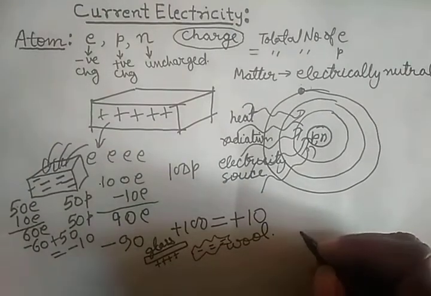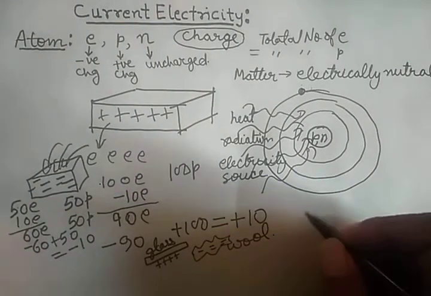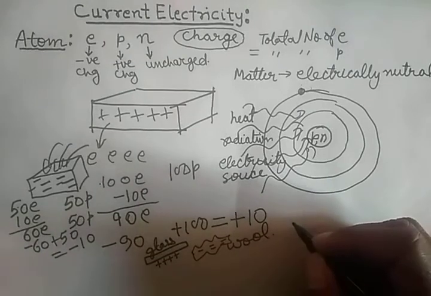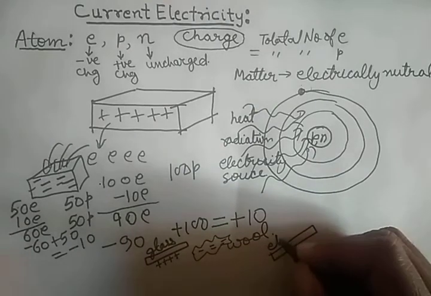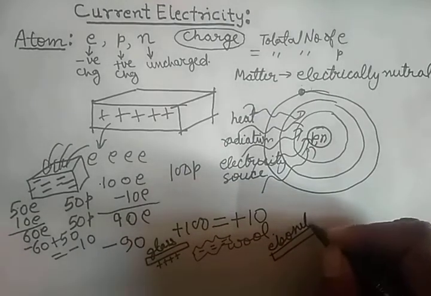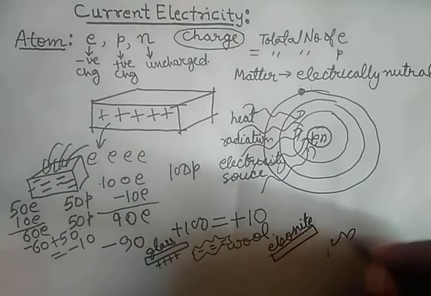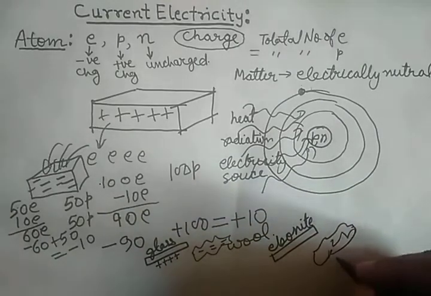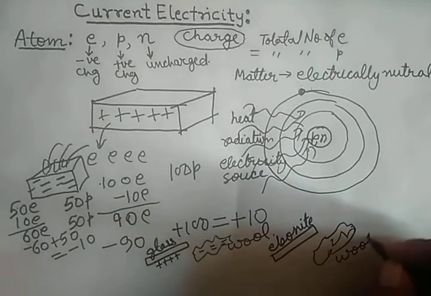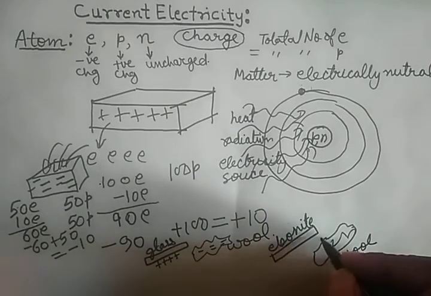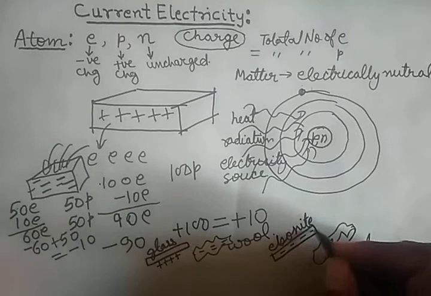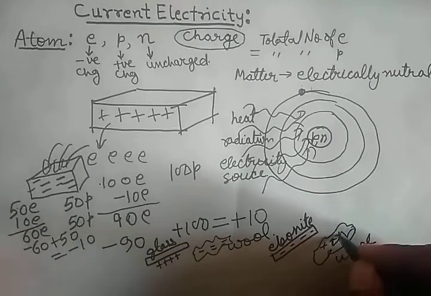Now there is a material called ebonite. If we rub an ebonite rod on wool, then what happens? In this case, ebonite gets negatively charged and wool gets positively charged.